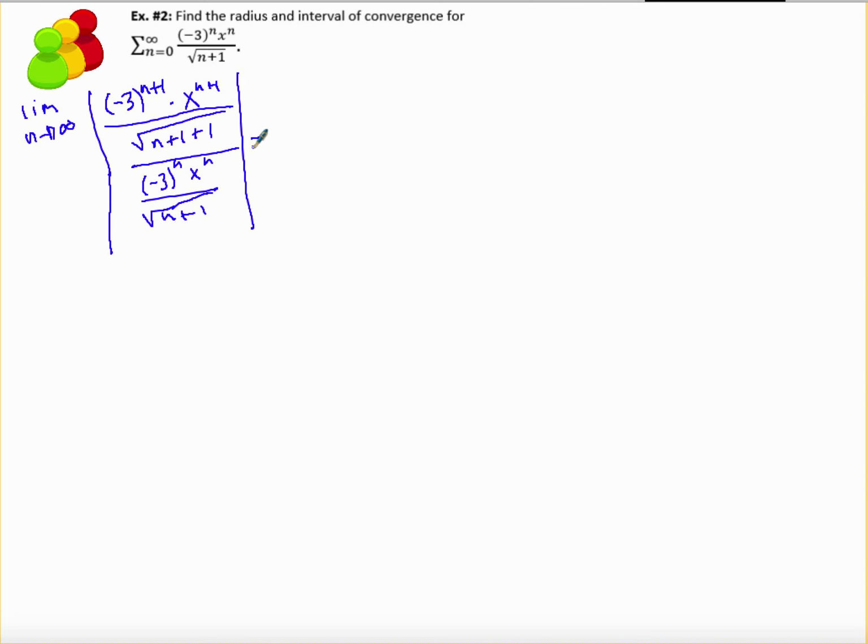I like to do my division and stretching out of my terms at the same time. Just saves me a little bit of space. So I've got negative 3 to the n times negative 3 to the first times x to the n times x to the first, then my denominator here is the square root of n plus 1.